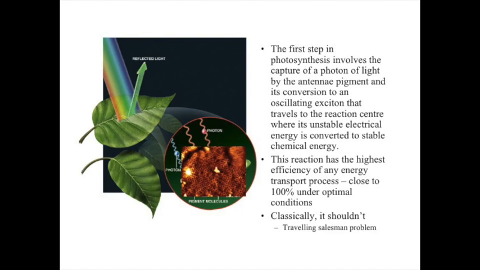It's essentially a vibrating electron that's captured that photon energy. And then, in the first step of photosynthesis, that captured exciton has to jump through a very dense system of pigment molecules to find its way to the reaction center.